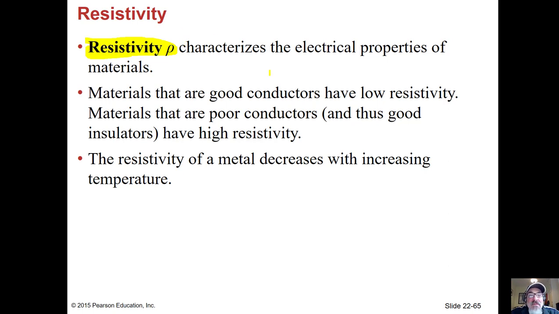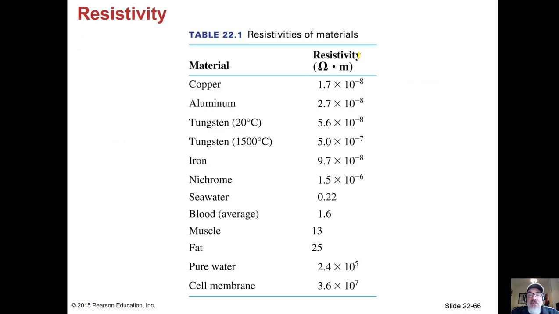Okay, materials that are good conductors have low resistivity. Poor conductors have high resistivity. Okay, and there is a temperature dependence on resistivity too. So copper's good here, 1.7 times 10 to the -8th.